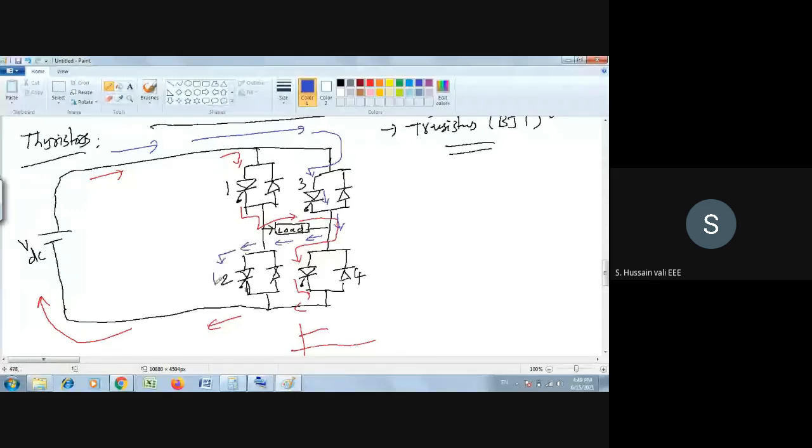In the load, the red color one is flowing from left side to right side, whereas the blue color lines are flowing from right side to left side. In the sense, when you turn on 3 and 2, it gets reversed in the load, so you get negative.